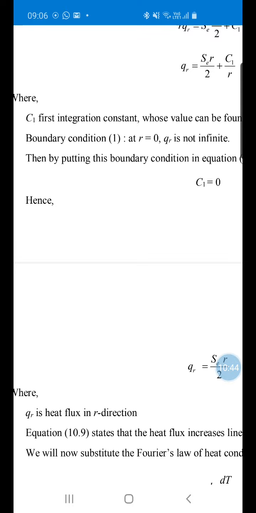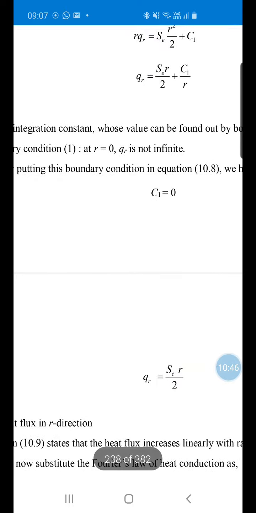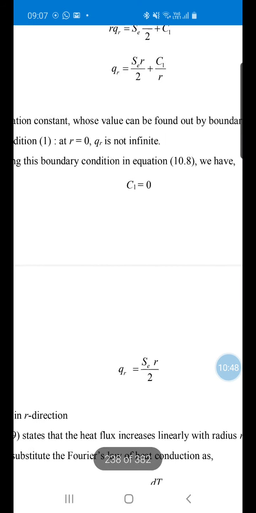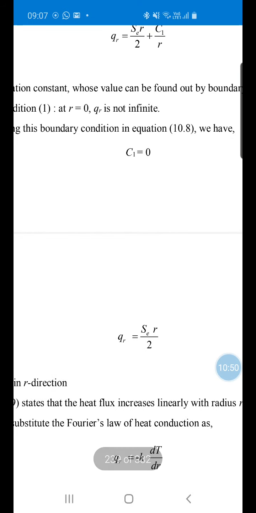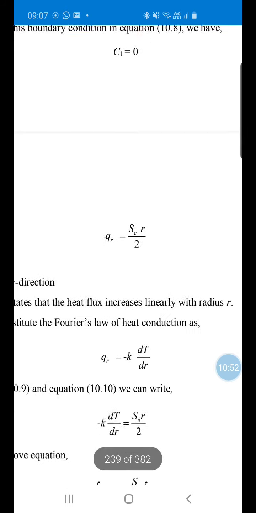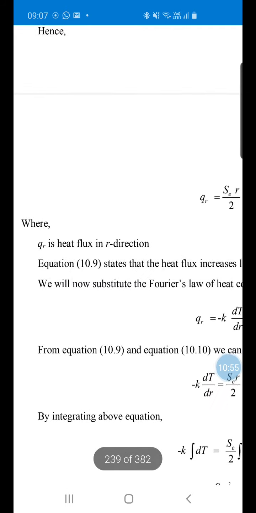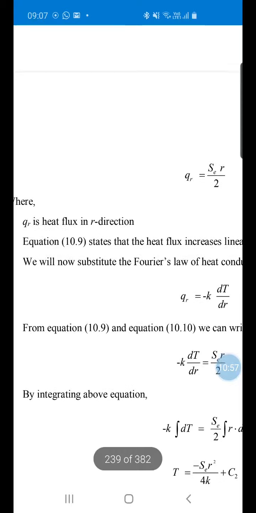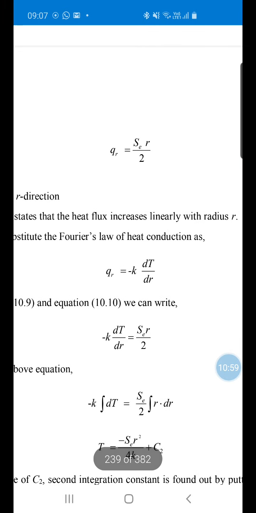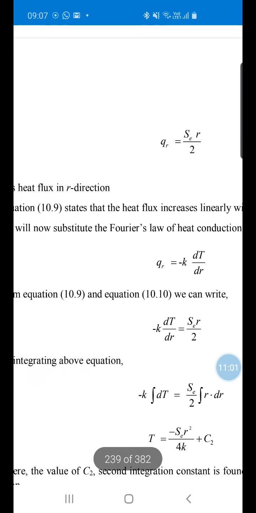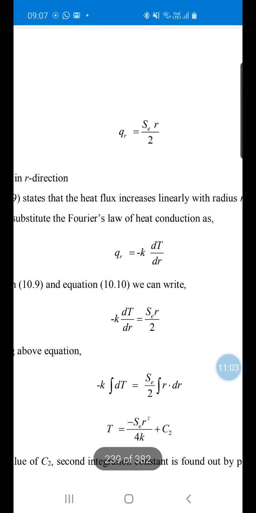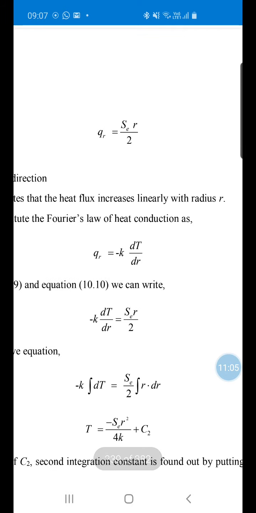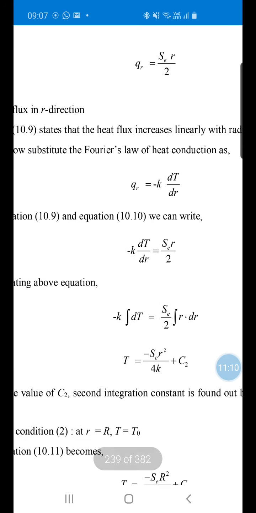So Qr has some finite value. Then C1 becomes equal to 0. Put C1 equal to 0 in the above equation. Qr becomes equal to Se into r by 2, where Qr is the heat flux in the r direction. So what does equation 10.9 suggest? It suggests that the heat flux increases with increase in radius. So as the radius goes on increasing, the heat flux goes on increasing.